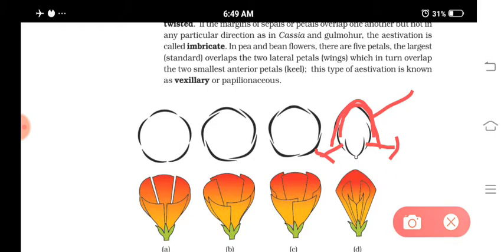This kind of estivation is known as vexillary or papilionaceous estivation.